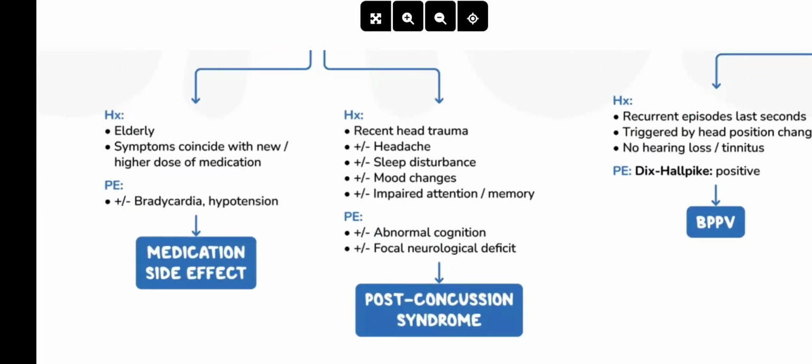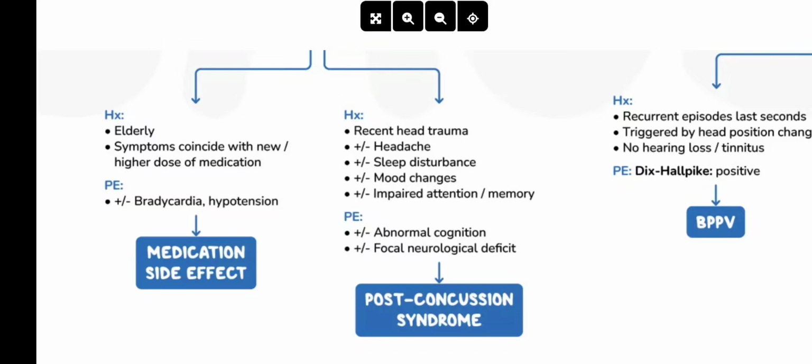On the other hand, in post-concussion syndrome, the patient will give a history of recent trauma. With that, they may complain of headache, sleep disturbance, mood change, impaired attention or memory, cannot remember things.